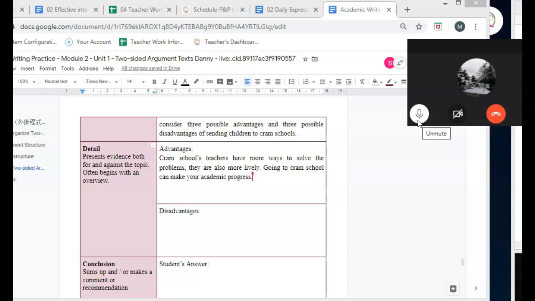How about disadvantage? So just one to two sentences.